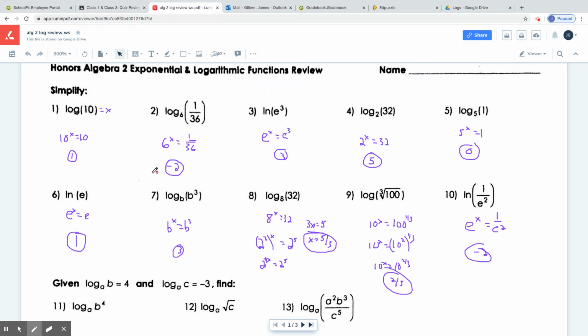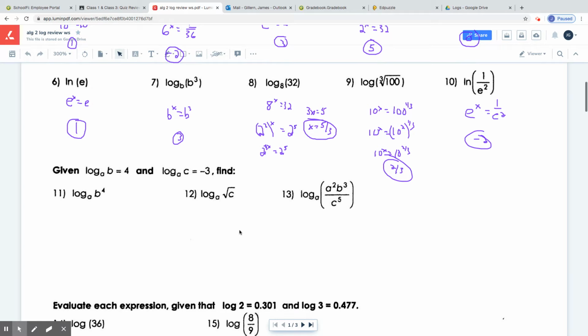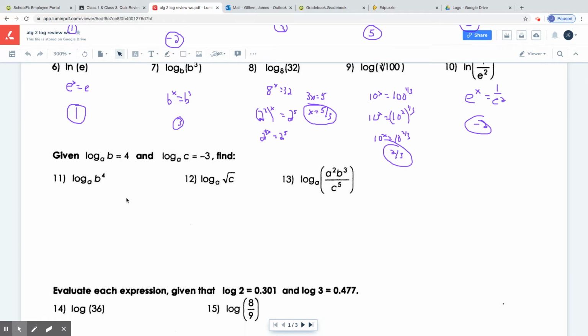All right, so hopefully you guys understand that pretty well. All right, now for a problem like this, 11, 12, and 13, where you're given log base a of b is 4, and log base a of c is negative 3, find these things. So what you want to do is use your properties of logs to see if you can rewrite these in a way, then substitute in these values.